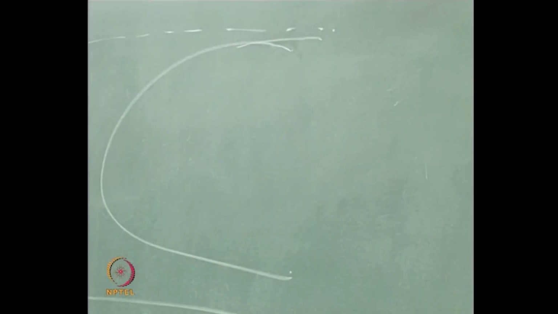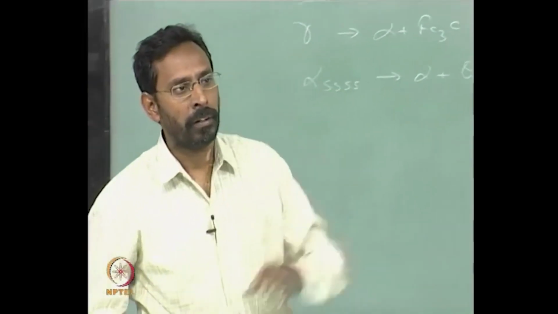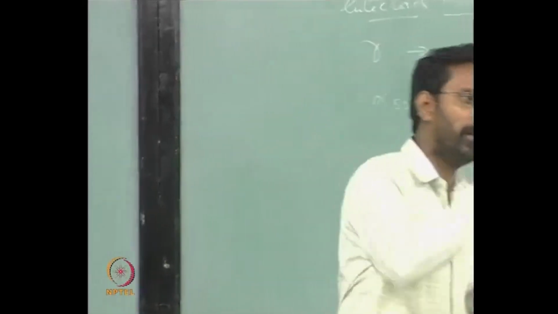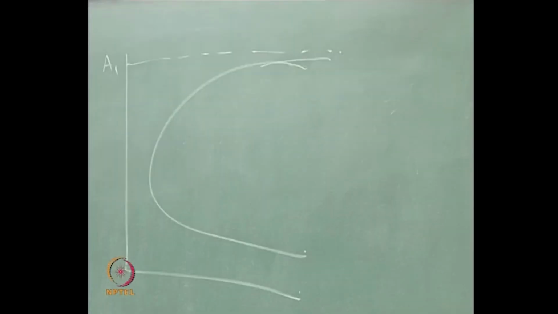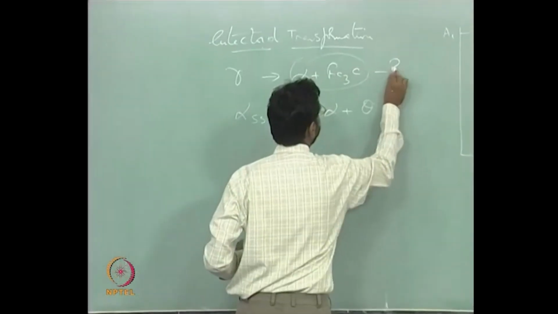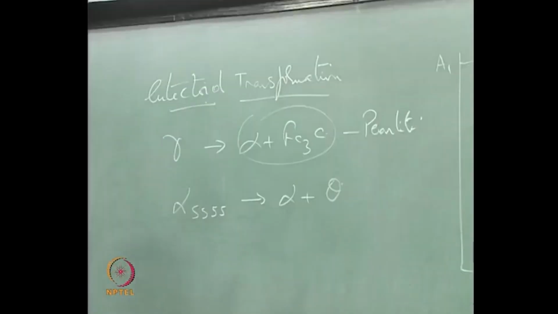What is the A1 temperature? 720. What happens at the A1 temperature? Transformation of what to what? Pearlite to austenite. Okay. This is while heating or while cooling? While heating. So, we are now talking about the cooling. What happens while cooling? Austenite transforms to pearlite. This is what we call the pearlite. So, that is what you call the A1 temperature.